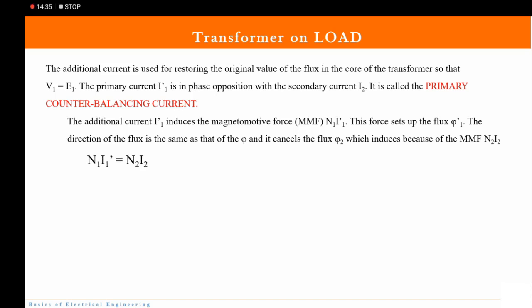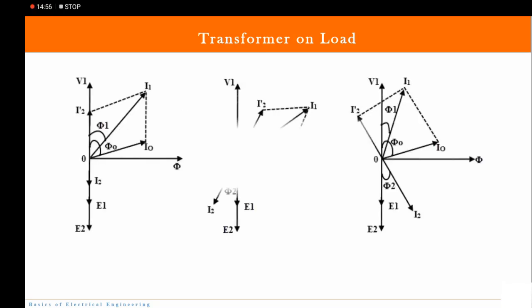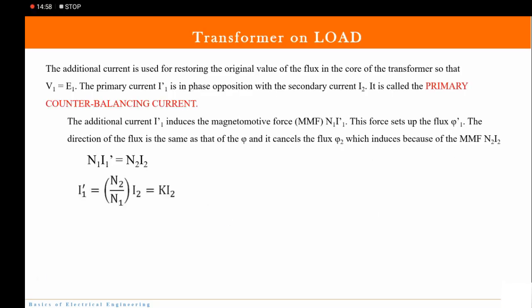This additional current which was flowing was I1 dash, and this was due to the MMF N1 I1 dash. So this is how it can be represented. Finally we get the magnitude of I1 dash, which is equal to K into I2. Before going to the phasor diagram, please understand that, again I repeat, this is very important.